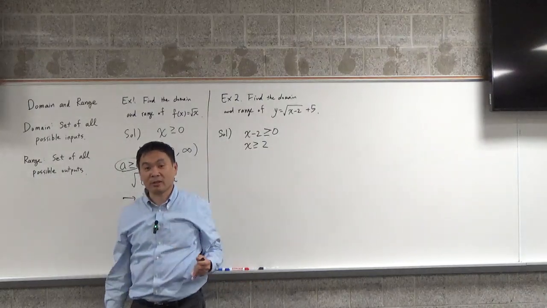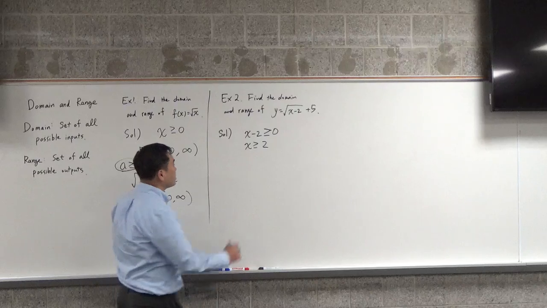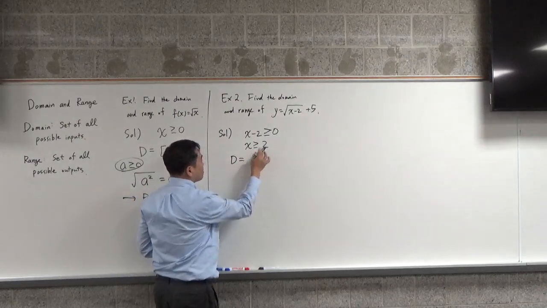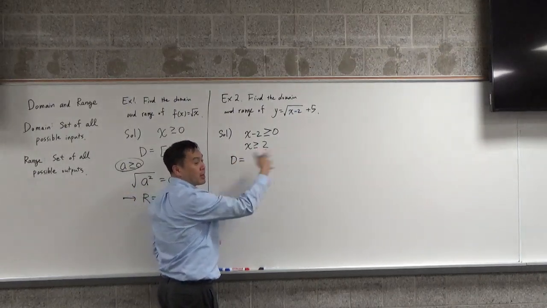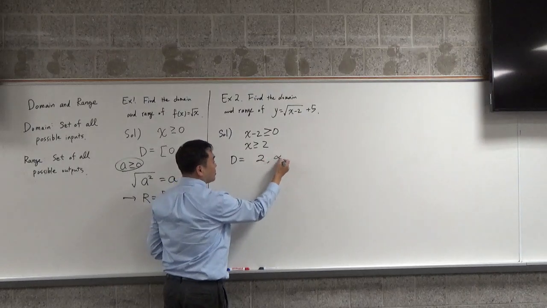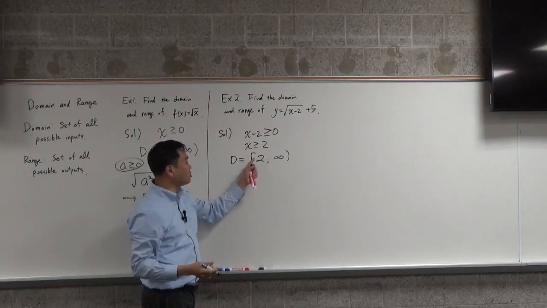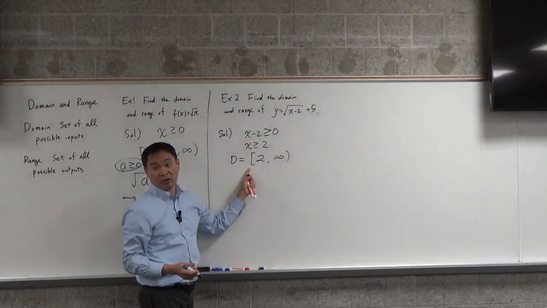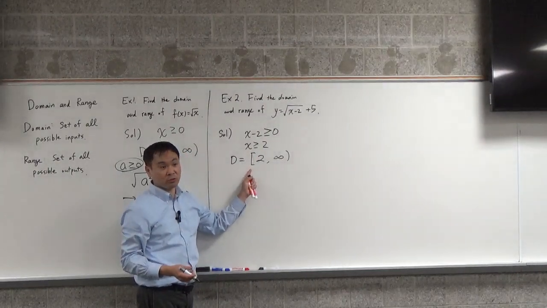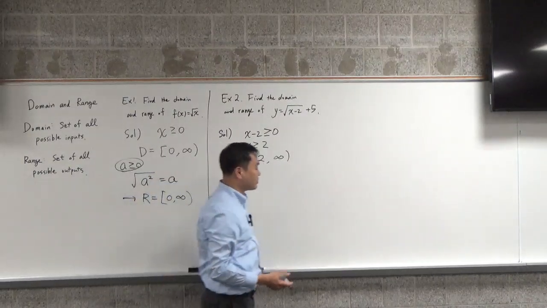It's perfectly fine. So we can see the domain starts from 2, and anything after that is okay. 2 to infinity. And because 2 itself is included, you put a square bracket, also known as a closed bracket. That's your domain.